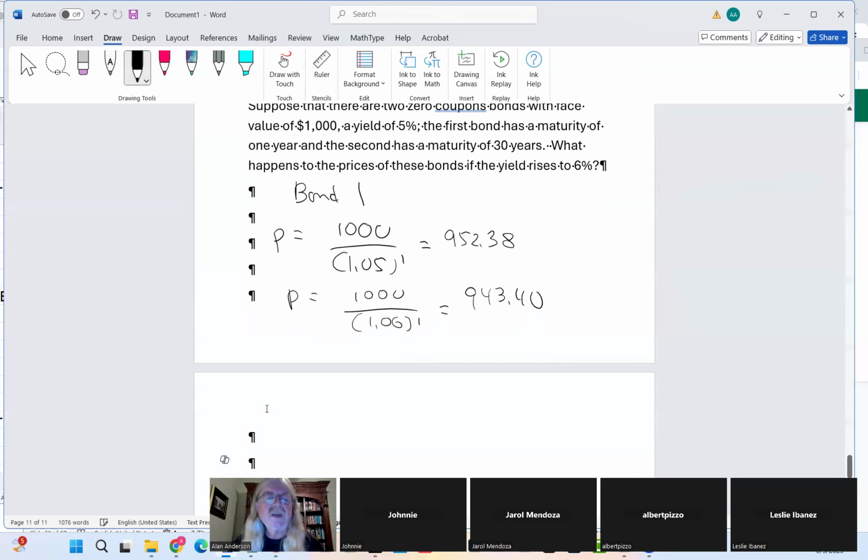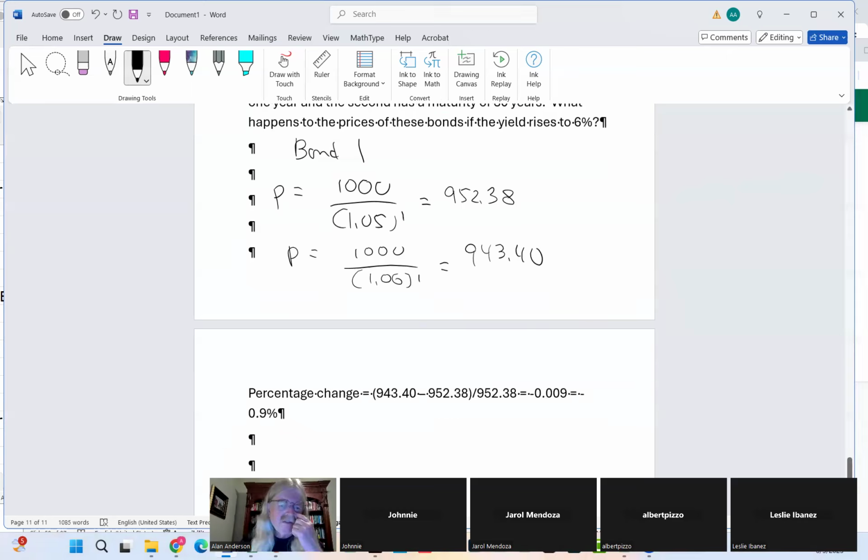The percentage change there is 943.40 minus 952.38, all over 952.38, which equals about -0.009, a loss of -0.9%. So it's less than a percent.